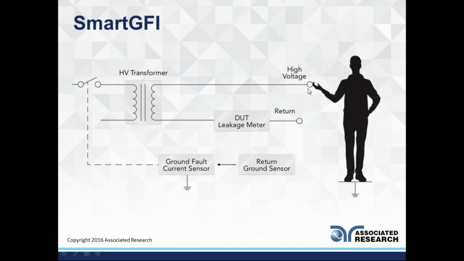So what happens is if there's leakage current but perhaps not breakdown, that leakage current is obviously going to return from here to ground straight back to the transformer, right?